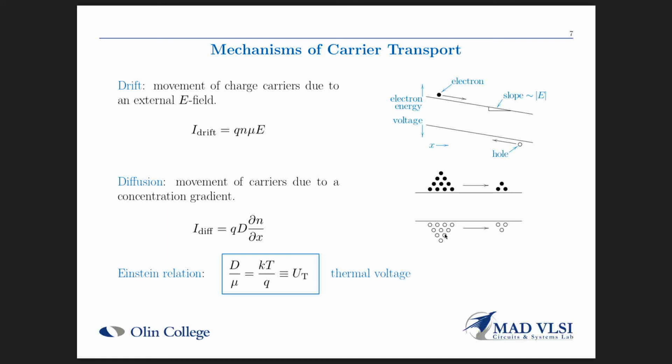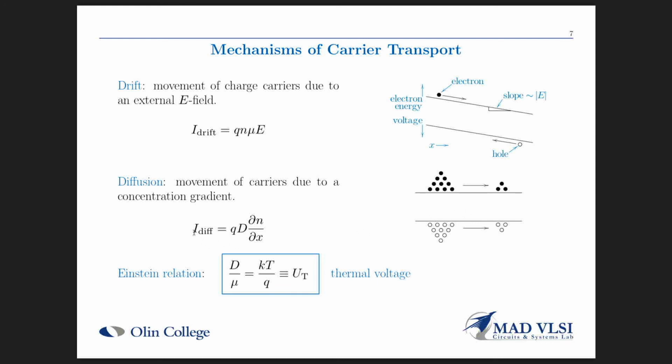And so, unlike drift, where the sign of the charge on the carrier actually determines which direction it's going to go in, in this particular case the direction is in the direction of the concentration gradient for both, and it's the same direction if the gradient's in the same direction.